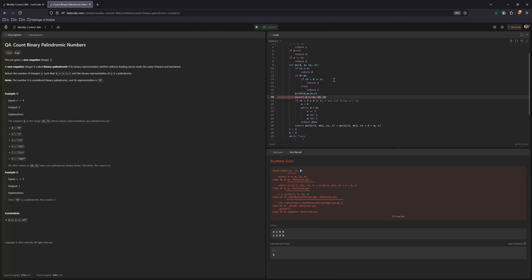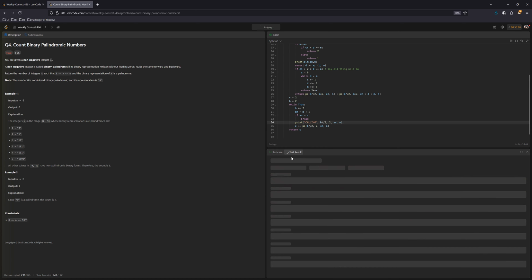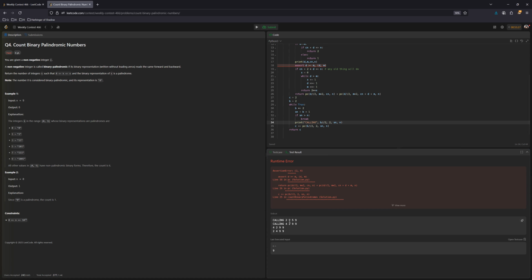Okay, if D equals M, if Cn returns 0, okay, I guess we need to... this does not seem like this should be necessary, but 2259, 4299, 4299, 2499. This is calling this.